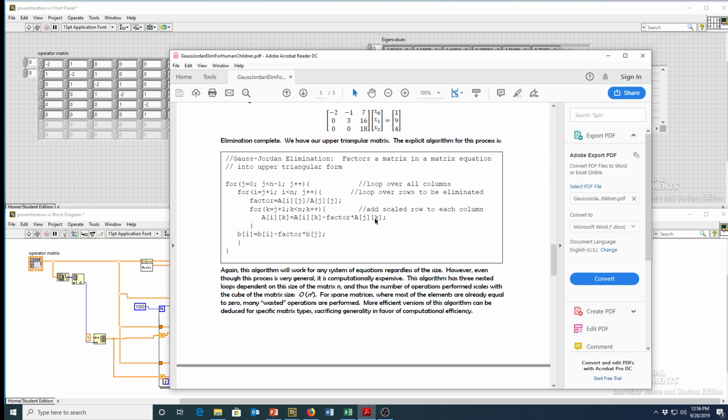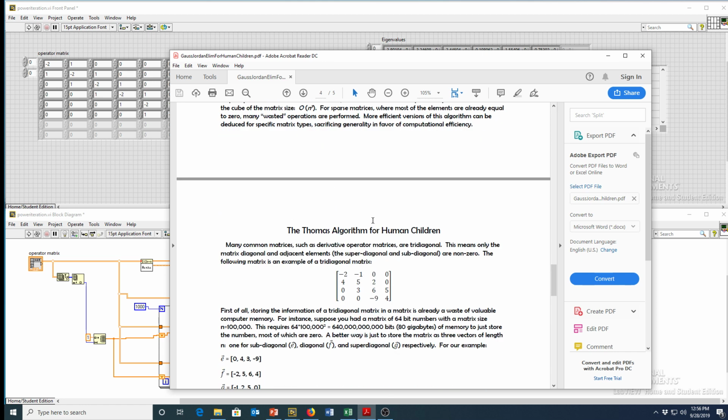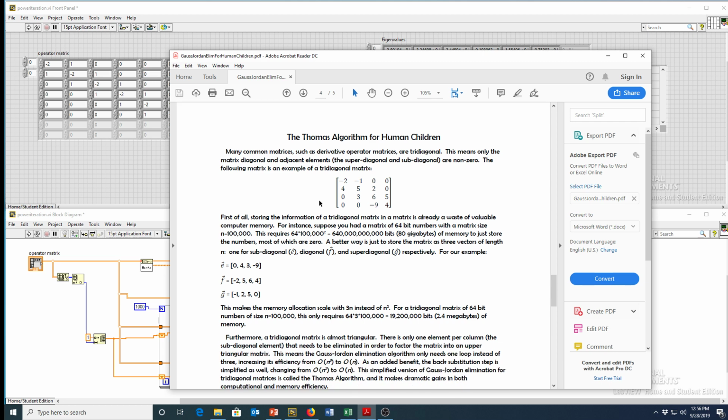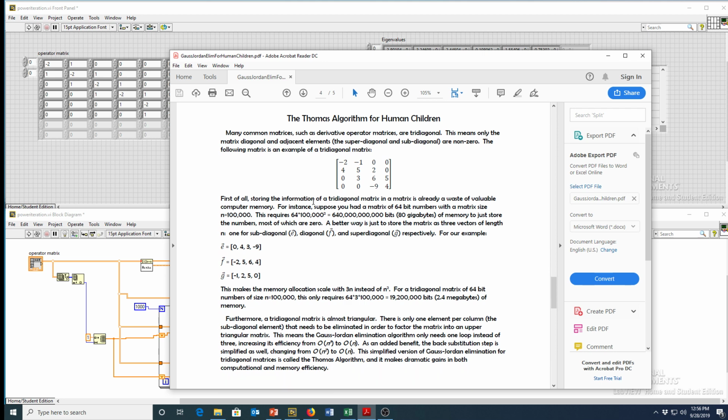But we can write a special version of that called the Thomas algorithm for tridiagonal matrices, because you can see there's only one diagonal below. There's only this subdiagonal here below the main diagonal. These are the only numbers we need to factor out with Gauss-Jordan elimination. So we can do one pass of Gauss-Jordan elimination. And that algorithm will scale with the size to the first power.